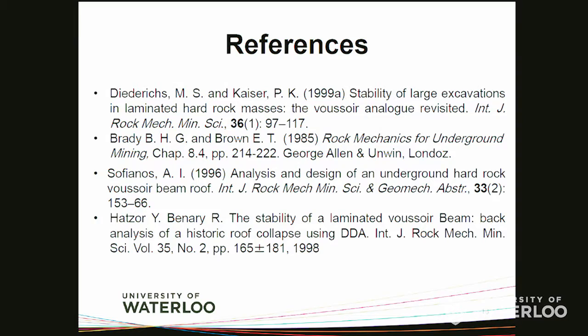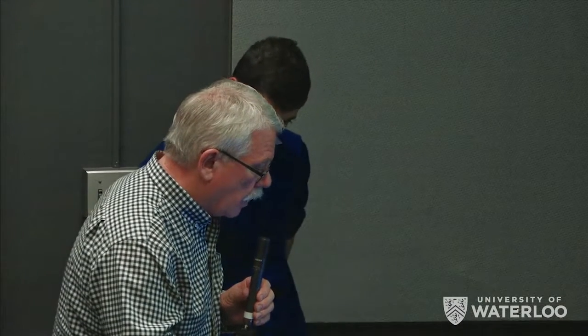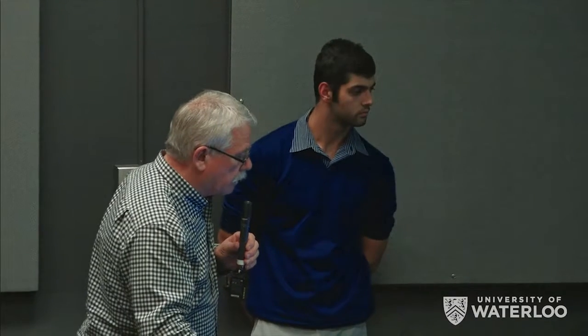I do have a question from the web. A gentleman has sent a question, and he says in general he likes that this work is towards determining a factor of safety in the roof stability and comparing it to the literature as much as possible, because the mining literature is almost the only source of information in this business.